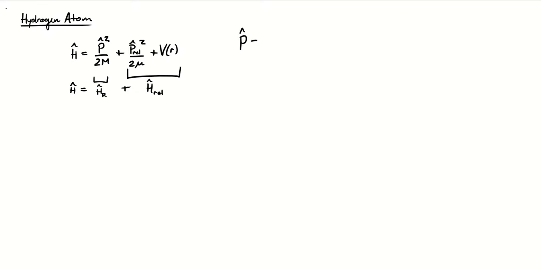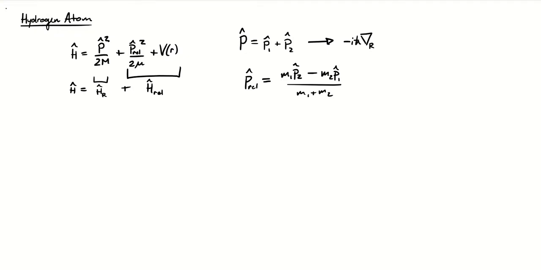Essentially the total momentum operator was just the sum of the individual particle momentum operators, which in position space representation ended up being negative i h bar, the gradient of the center of mass coordinates, where the relative momentum operator was equal to m1 times the p2 operator minus m2 times the p1 operator over m1 plus m2, or in position space, this became negative i h bar, the gradient of those relative coordinates.